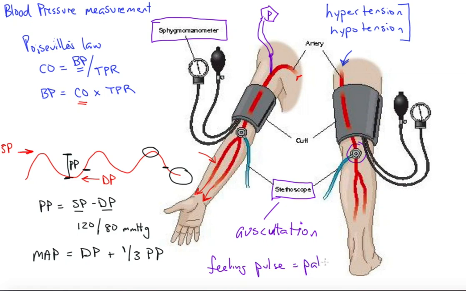Not palpitation, palpation. Right, so we're going to palpate the pulse to know where we put our stethoscope to do the auscultation, the listening. All right, so now let's show you the trace we would actually acquire when we use the stethoscope, and actually when we use an electronic version of a stethoscope.